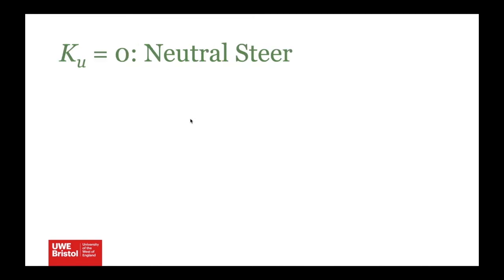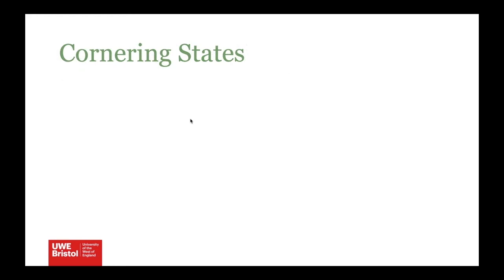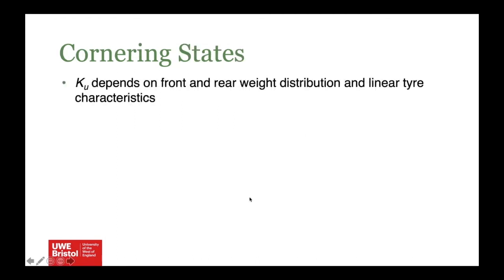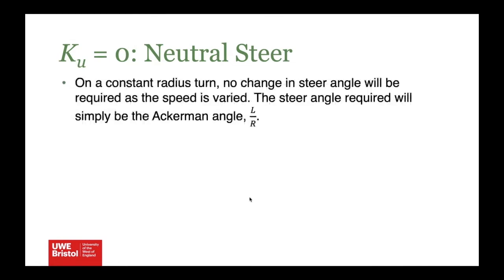When Ku is 0, if you think about this equation here, your steer angle is simply your Ackermann angle. That means you've got what's known as neutral steer. On a constant radius turn, no change in the steer angle will be required as the speed is varied. Imagine you're going around in the car in a constant radius corner, because this is all steady state, so we're not dealing with transients.